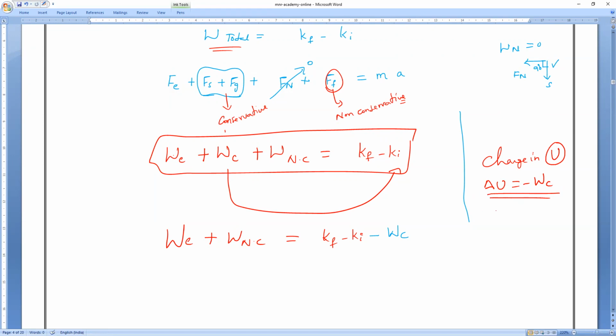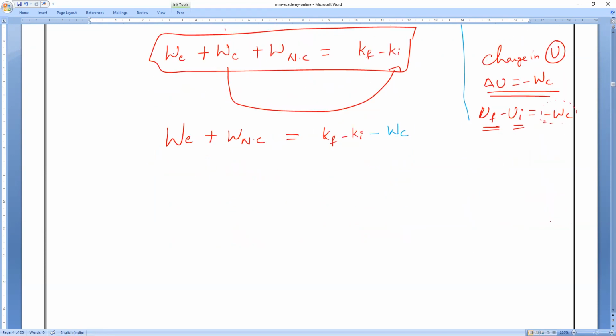We studied this, right? So final potential energy minus initial potential energy is equal to minus work done by conservative forces. So instead of minus work done by conservative forces, can I write final potential energy minus initial potential energy? Will you all agree? Yes, sir.